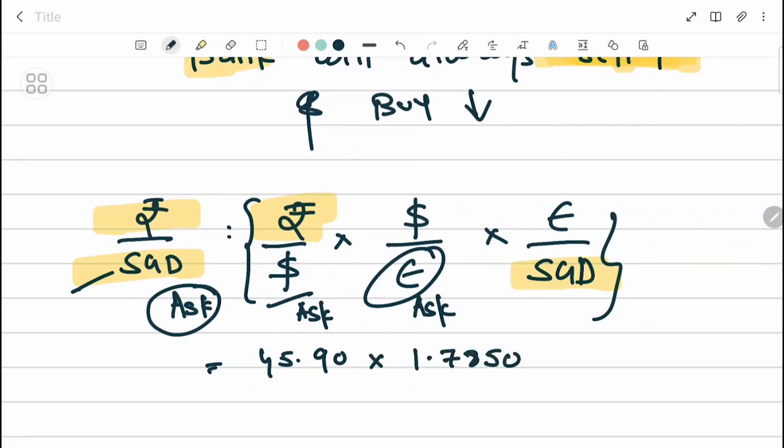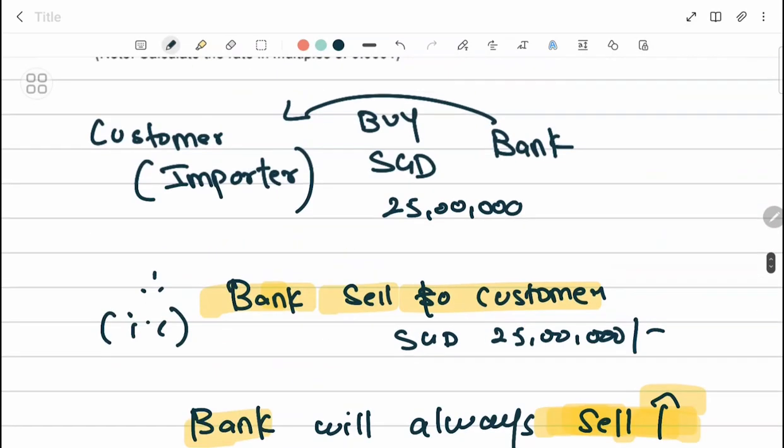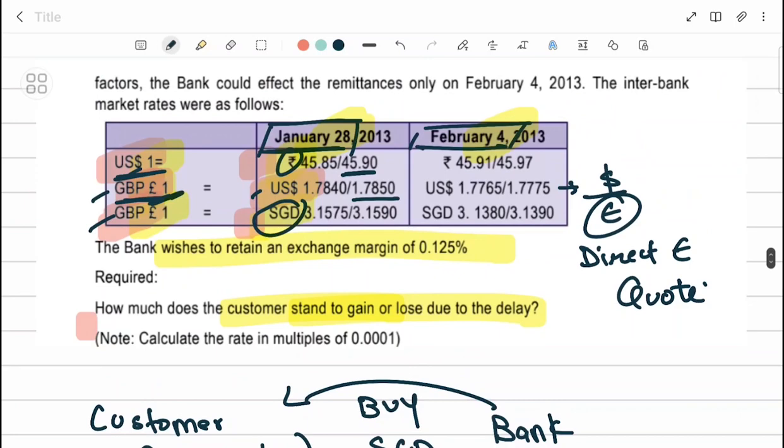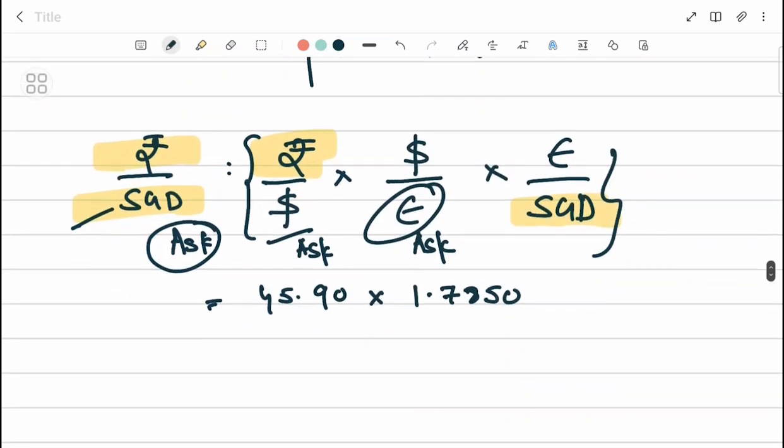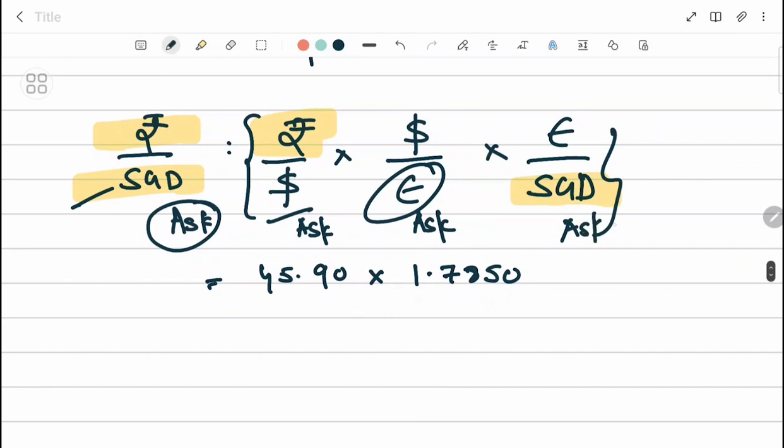And then we need a pound upon SGD code, that is a direct SGD code. Do we have that or not? Let's check it out. Unfortunately we don't. We have a direct pound code against SGD, so we have to take the inverse. Now when you take the inverse, the original quote here, a direct SGD quote, is ask, the higher price. But in case of inverse, the rate also changes from ask to bid.